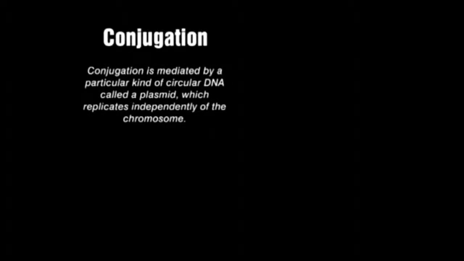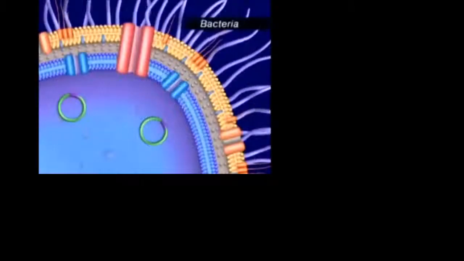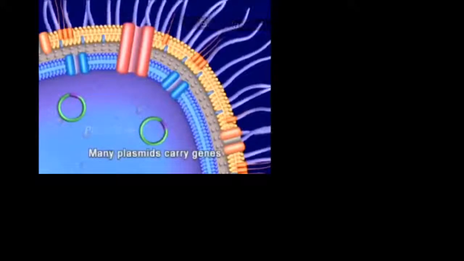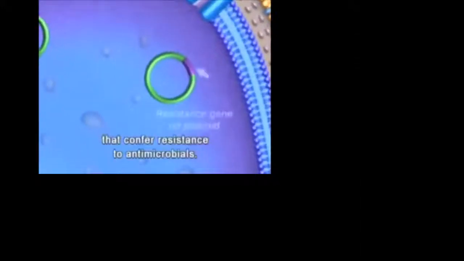Conjugation is mediated by a particular kind of circular DNA called a plasmid, which replicates independently of the chromosome. Many plasmids carry genes that confer resistance to antimicrobials.